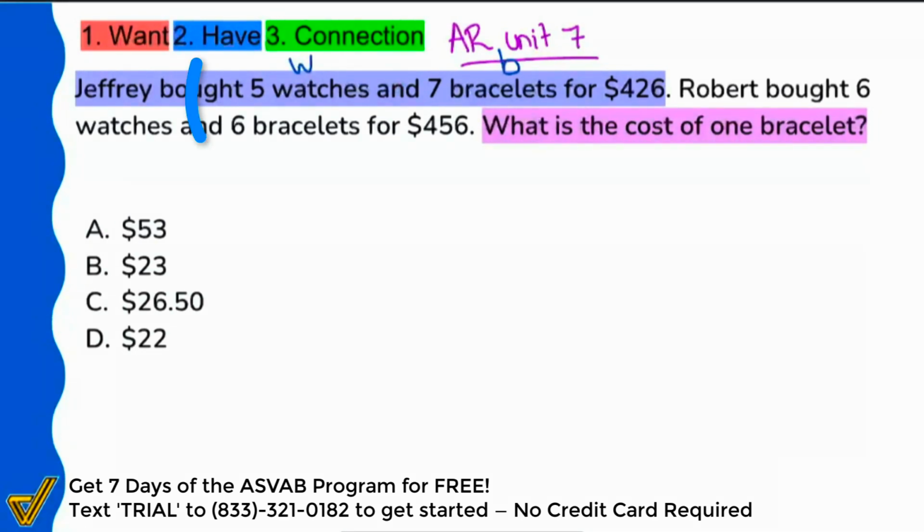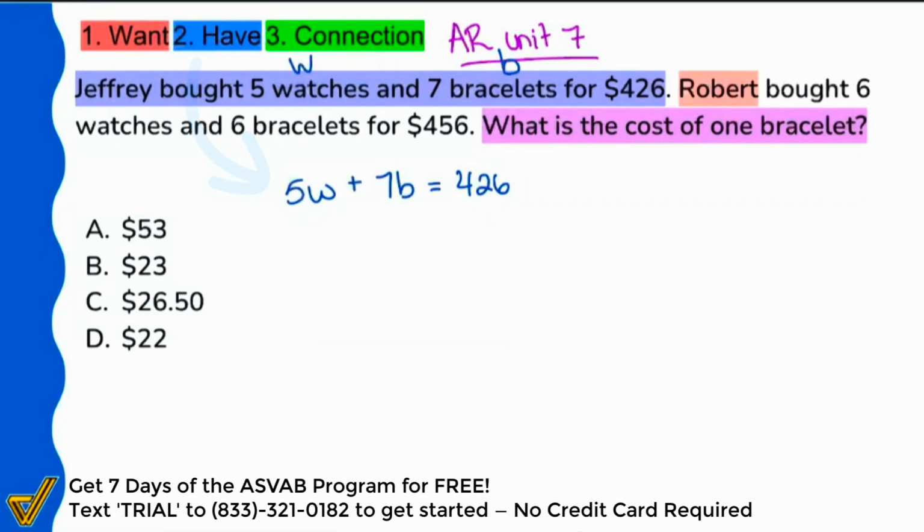Whatever we want. So 5 watches would be 5 times W. The cost of 7 bracelets would be 7 times B. And if we add, to find the total cost, we're told that it's going to be $426.